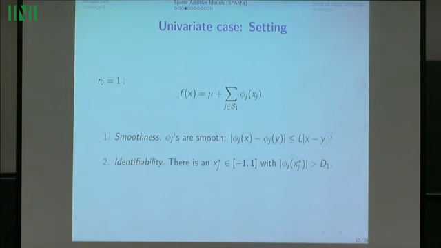So for the univariate setting, we assume, well, this absolute term, as I said, is not really important. So we assume about these functions that they are smooth, Lipschitz or Hölder-Lipschitz. And because we really want to identify the components, they cannot be too small.